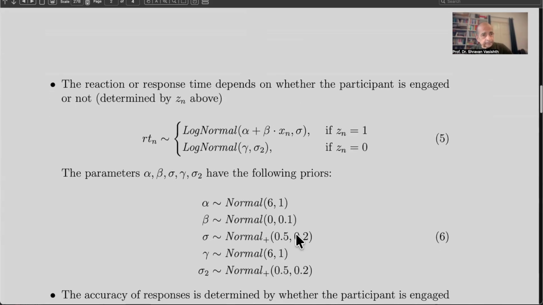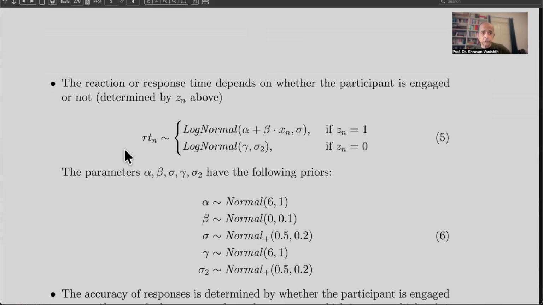Okay, so then we come to the reaction or response times. That's a mixture process depending on whether z is 1 or 0, right? Of course, this will be translated into a statement that marginalizes out the z. So the z's never appear in the Stan model because Stan can't deal with discrete parameters.